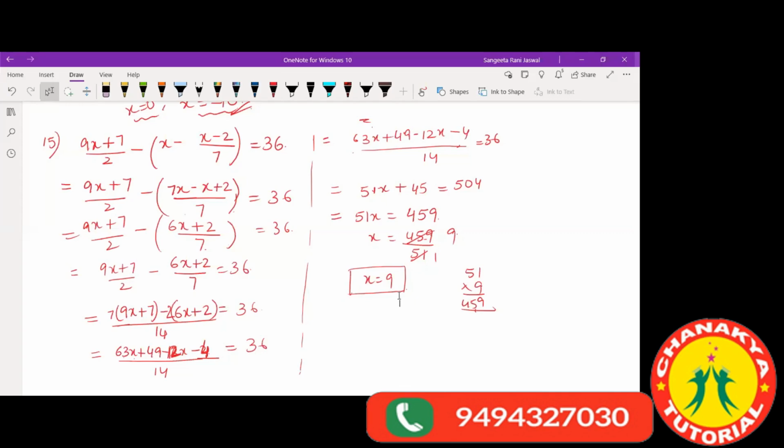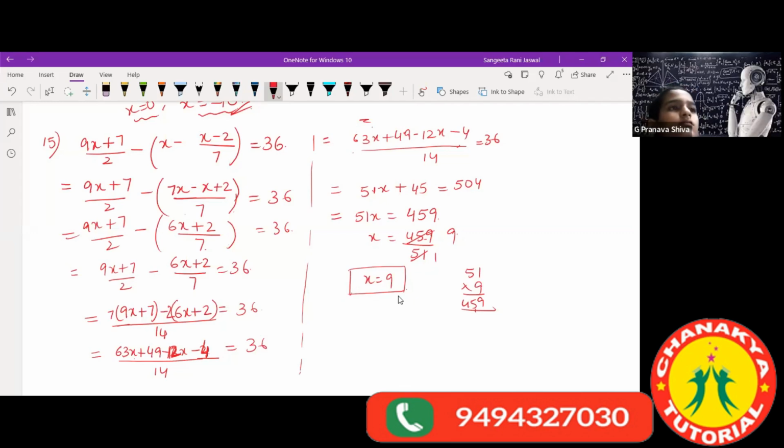In mathematics, you get marks for every step. So your steps should be correct. Your approach should be correct. Even if your answer goes wrong by mistake in the last step, if you do this division wrong, you will only lose half a mark. But if you do any calculations wrong here, then your answer will also go wrong and you will not get the marks for these steps also. Your approach should be correct.